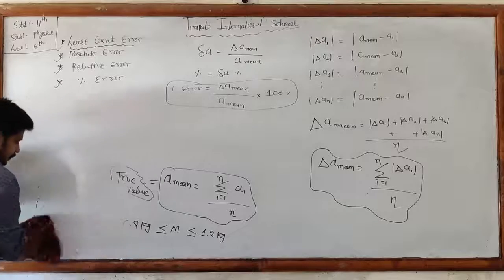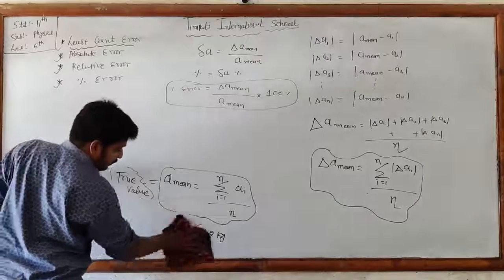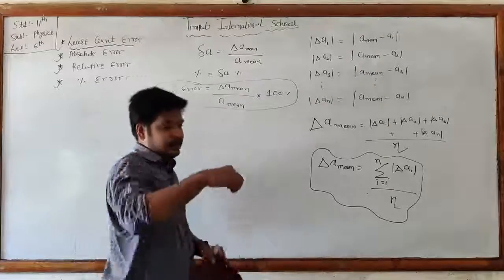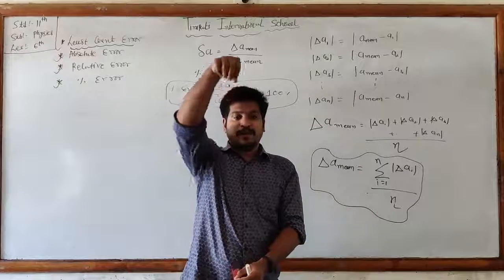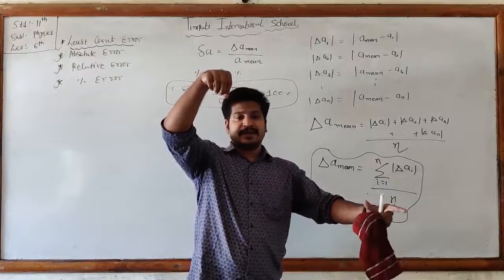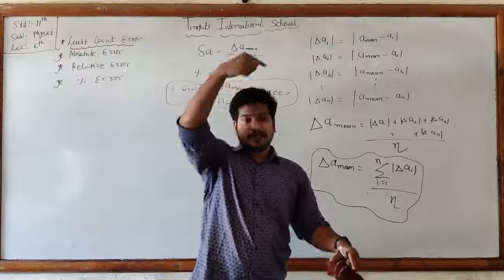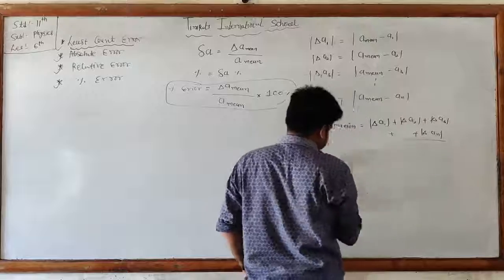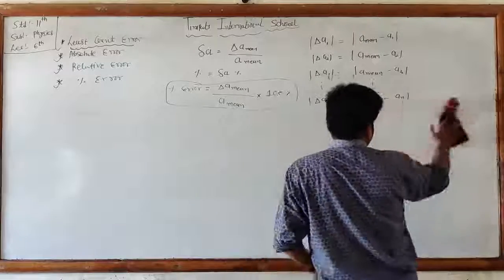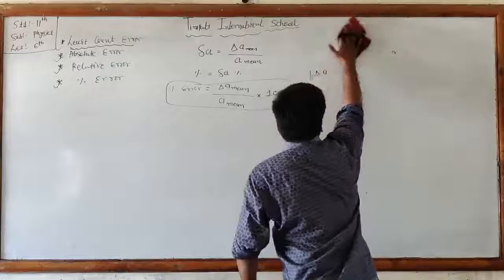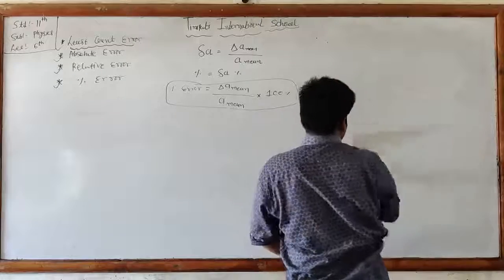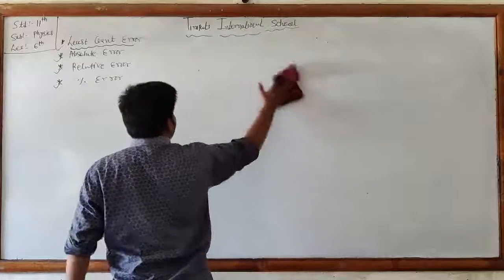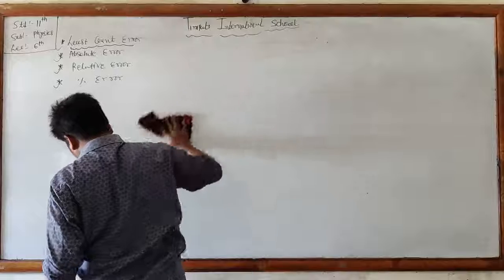You take one thread and below it one ball, and you have to oscillate it. You take the bob, move it to one side and release it. Then it will oscillate. Here we have the periodic time of those oscillations as our observation, and in this question we have to find the absolute error, relative error, and percentage error.